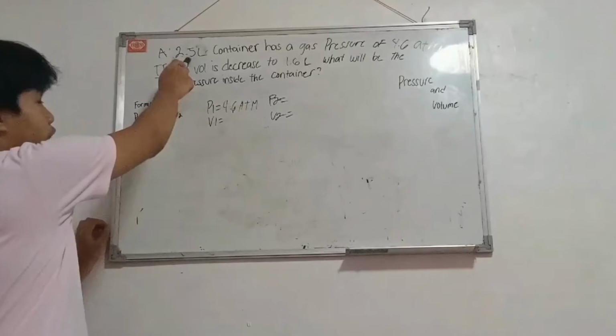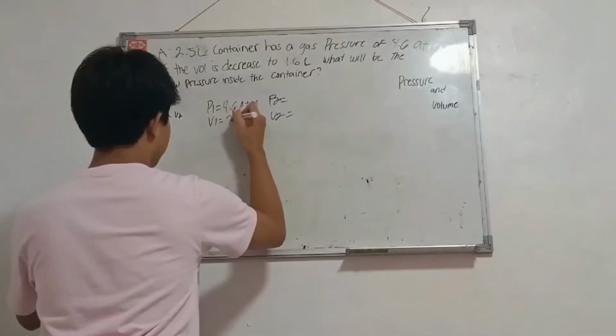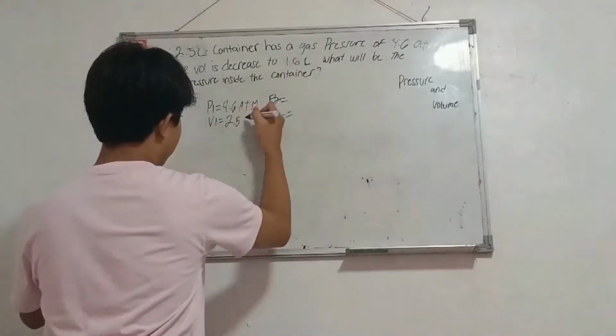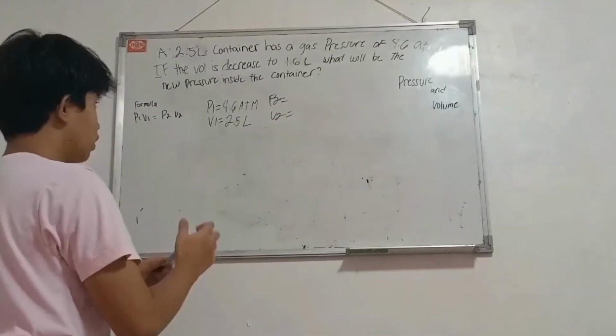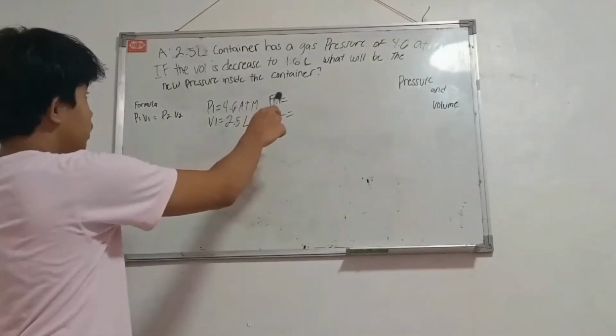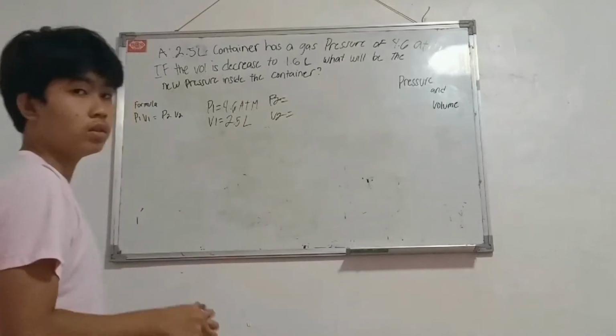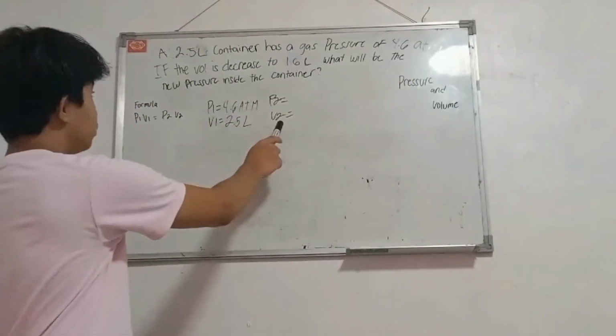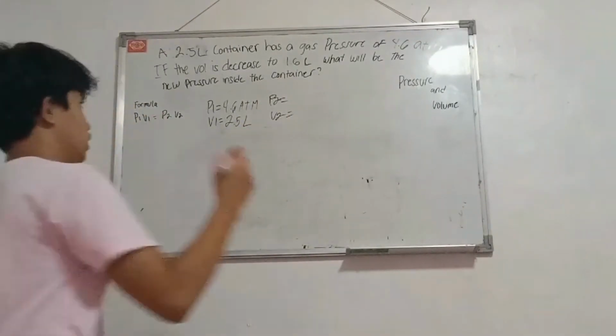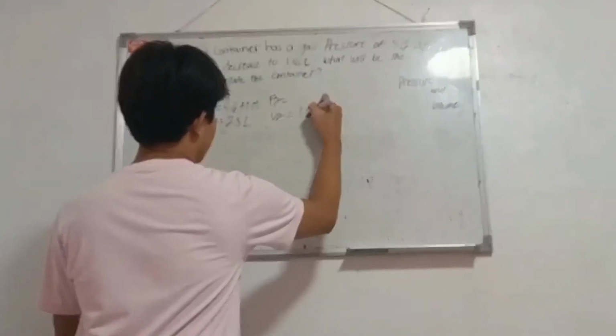And for the volume 1, we have 2.5 liters. In this given problem, the P2 or pressure 2 is missing. And for the volume 2, we have 1.6 liters.